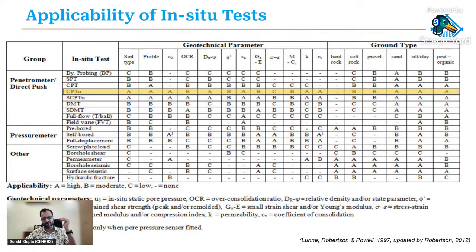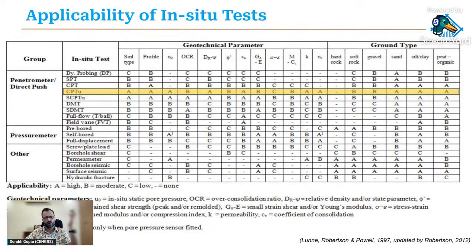So it's kind of a case of one shoe does not fit all feet, right? Since we're talking about CPT today, if you see CPT, A means that there is very high applicability. CPT has very high applicability in pretty much all kinds of formations except maybe gravel.